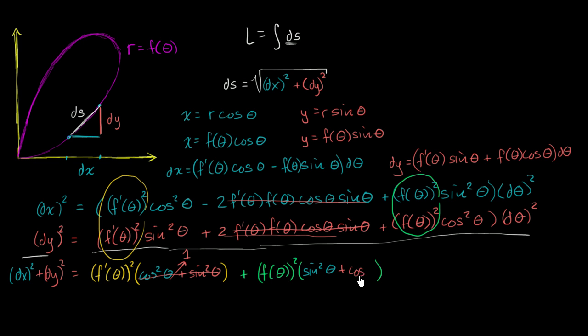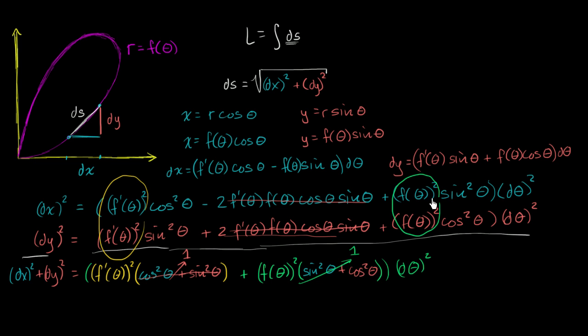Well, that simplifies nicely. This is just going to be equal to 1. And then this d theta squared is multiplied times everything. So everything right over here is going to be times d theta squared.